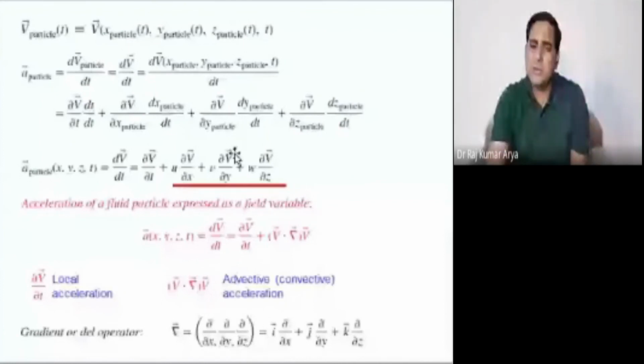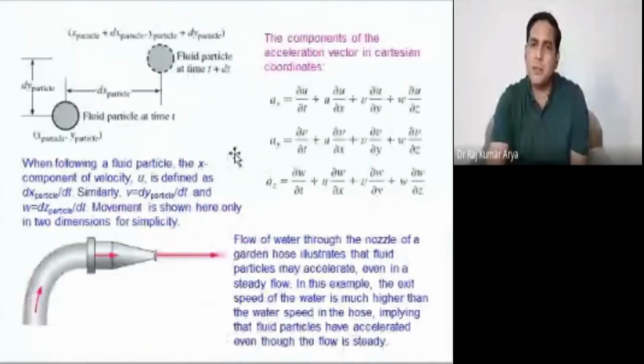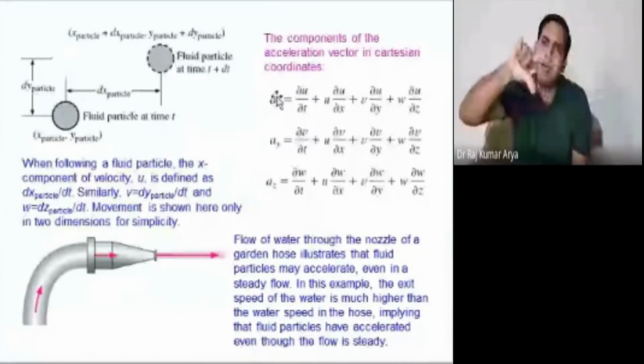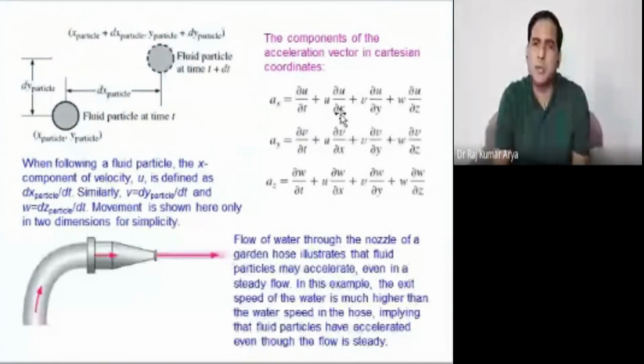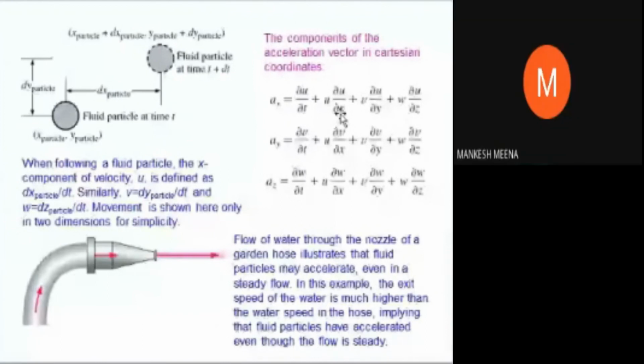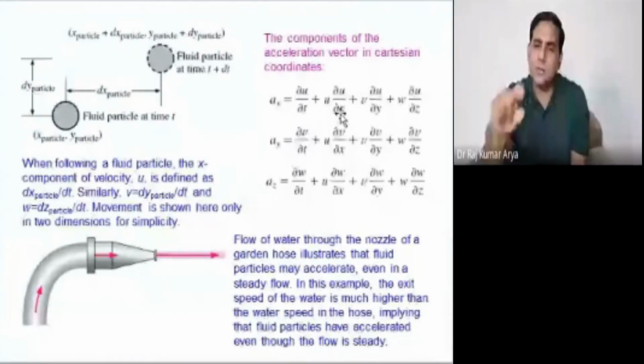If you do that, this is the x component of the acceleration. You are just taking everything of the x direction component. So for the x component, what is the velocity there? U. Yes or no? Yes, sir. So everywhere V is being replaced by u only, here also u, here also u.